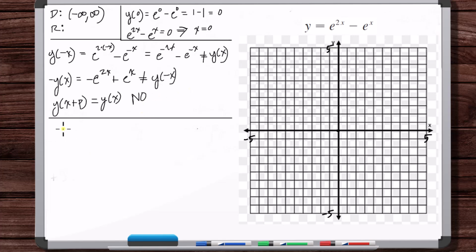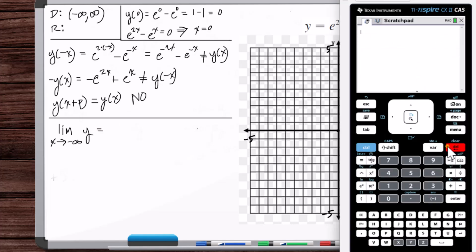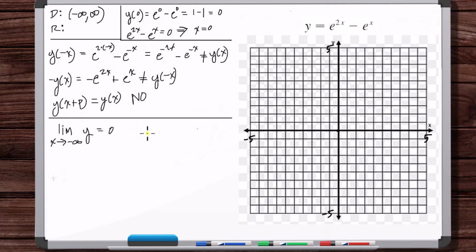Okay, endpoint behavior. Let's take the limit as x approaches each of the endpoints of the function. So what is the limit as x approaches negative infinity of the function? The limit as x approaches negative infinity of the function is 0.